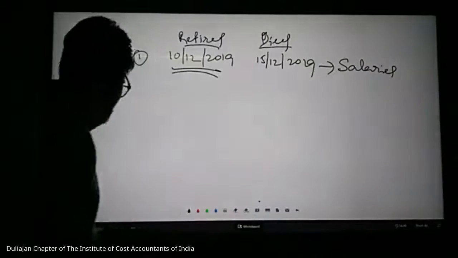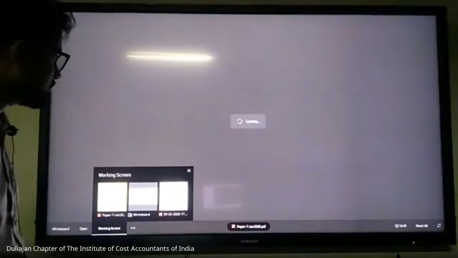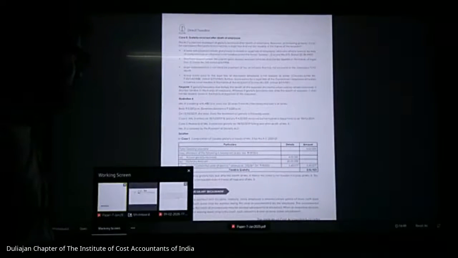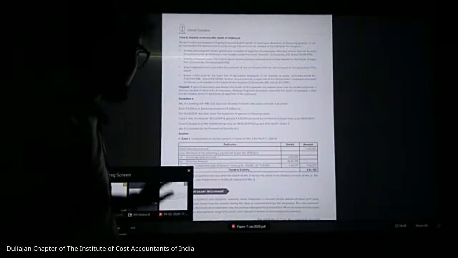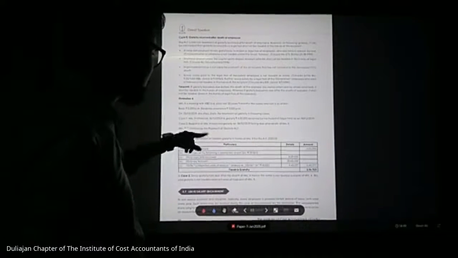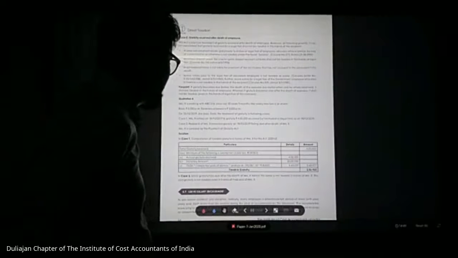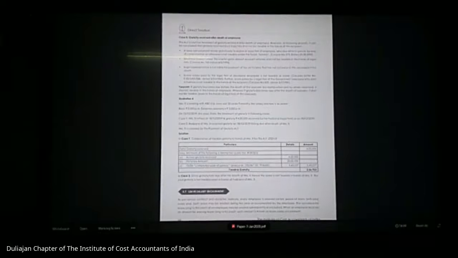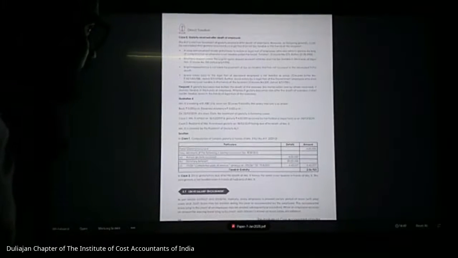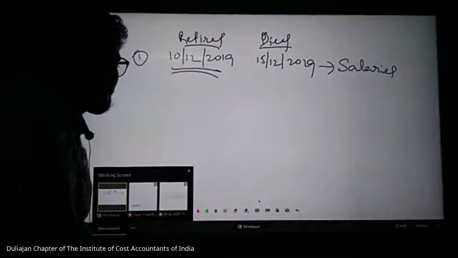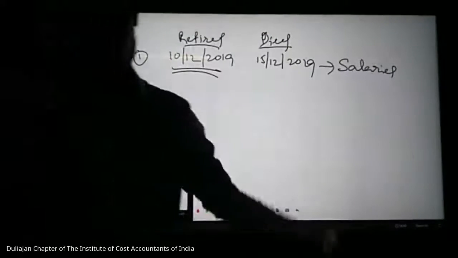But in the second scenario, the second case, the husband of Mrs. X received gratuity on 18th of December 2019, falling due after the death of Mrs. X. So in the second case, the gratuity became due after her death.